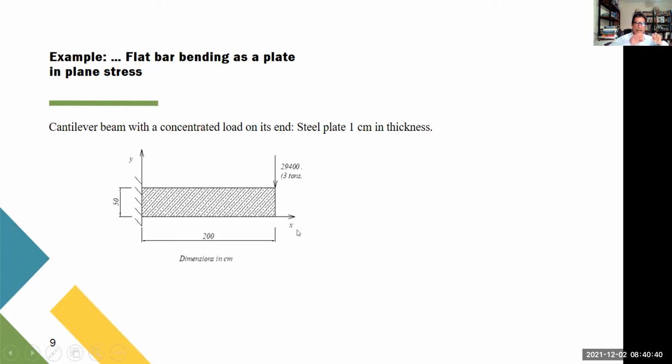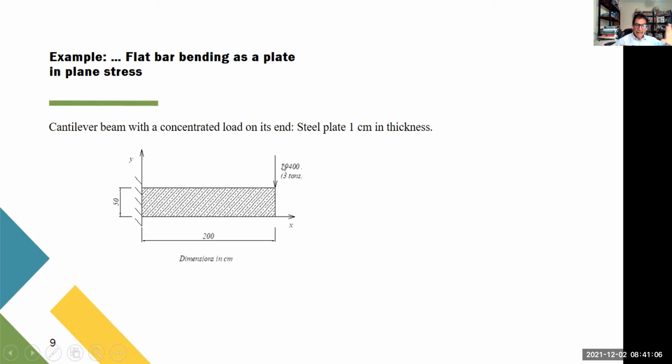We have a long, flat bar. It's 2 meters long, and 50 centimeters in height. It's a very high section. And the thickness is 1 centimeter. Let's suppose that we apply a force of 3 tons at the end.